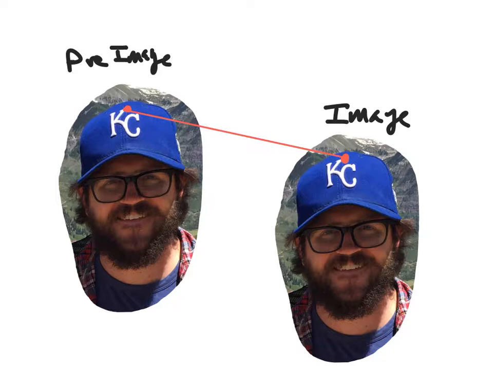Then I'm going to copy that line and connect my right eyeball, and I'm going to notice that the distance from here to here is the same as the distance from here to here. So if I duplicate this line and move it down, I get the same thing.